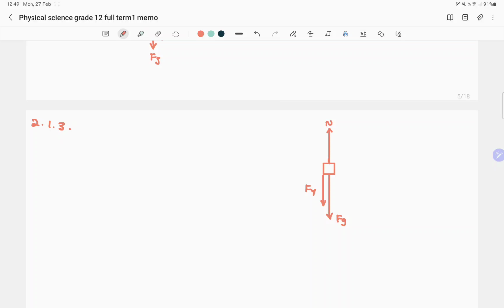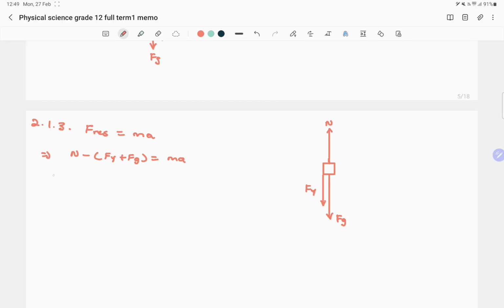So once you do your diagram like that, a force diagram, it helps you a lot, because we can say now from Newton's second law, the sum of the forces equals ma. Okay, that's what we know, which implies what? Now we're going to make the normal force positive minus the sum of these 2, Fy plus Fg, which is going to give us ma, isn't it?